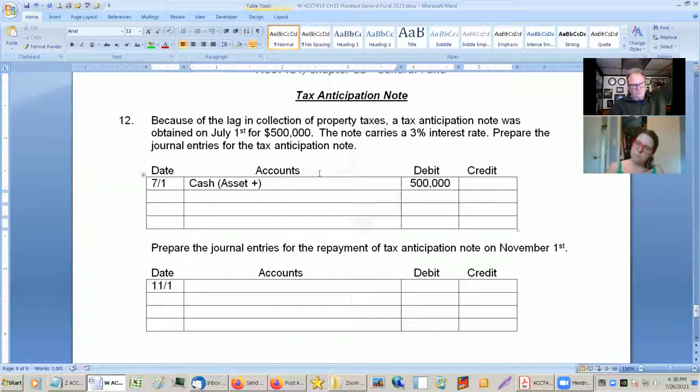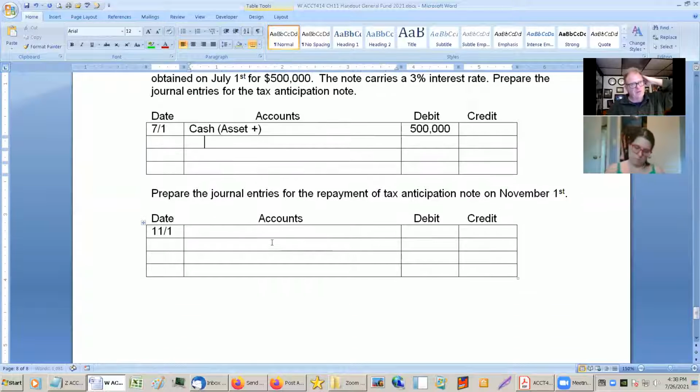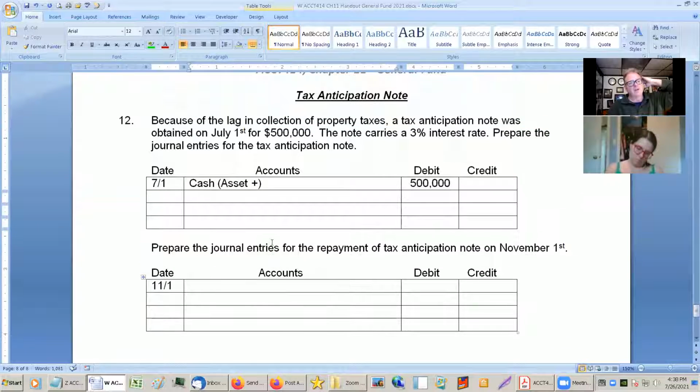Now, if it's short term, and this note was paid off in 4 months, November 1st, you probably put this in as notes payable.